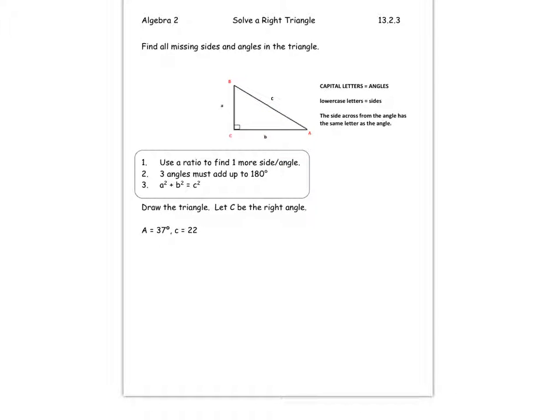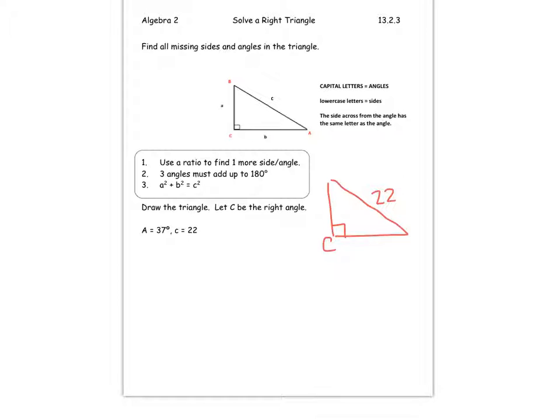Okay. So when we approach a new situation, we want to sketch it out. And we're always going to make C the right angle so that everyone can end up with comparable answers. So if little c equals 22, that's going to be the hypotenuse.